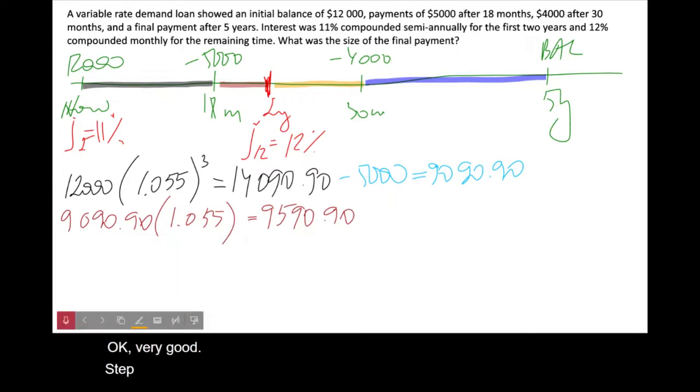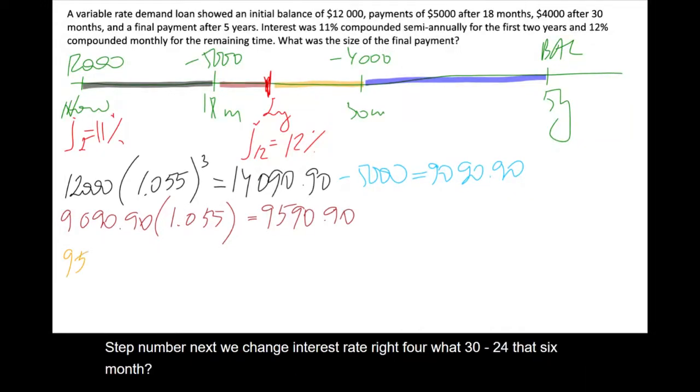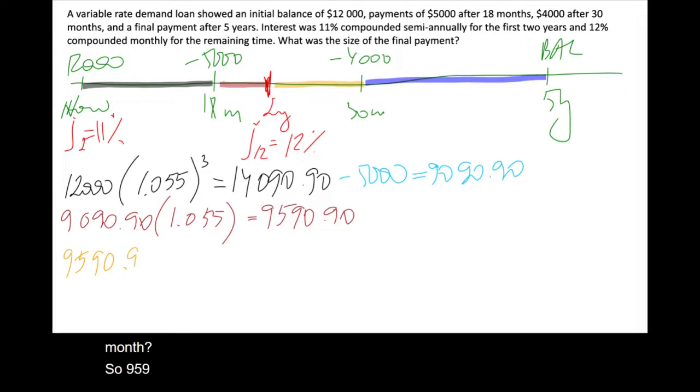Step number next, we change interest rate, right? For what? 30 minus 24, that's 6 months. So 9,590.90 times 1.01 exponent 6.